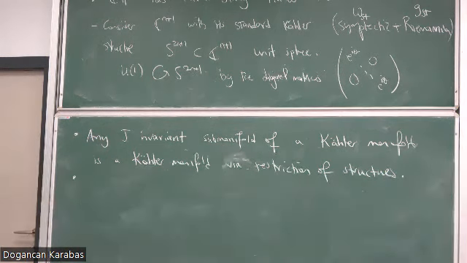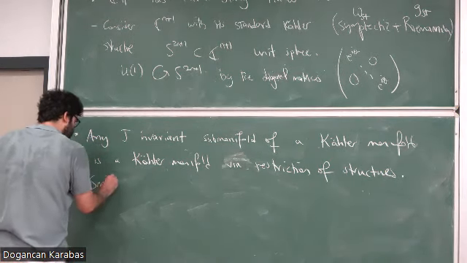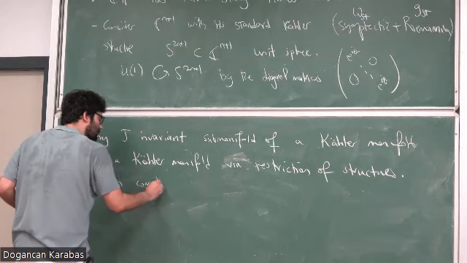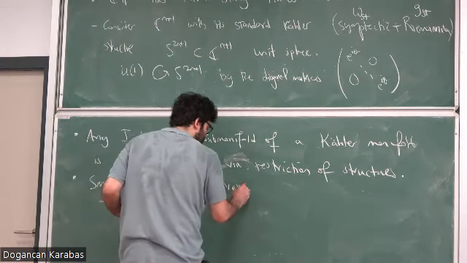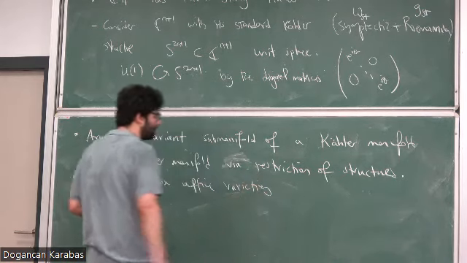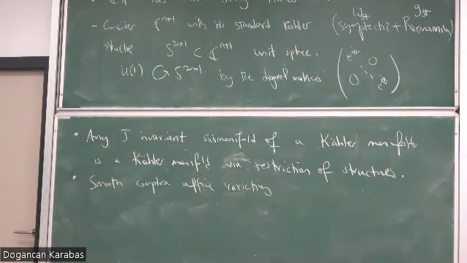So one, smooth complex affine varieties, for example. What is a smooth complex affine variety? It's something that's given inside some complex affine space by polynomial equations, and it's supposed to be smooth. But note that there's not such a unique presentation.